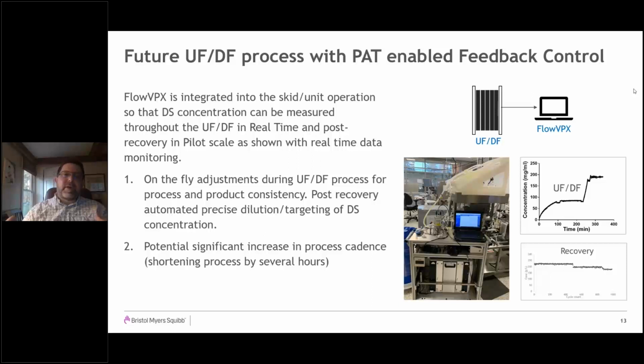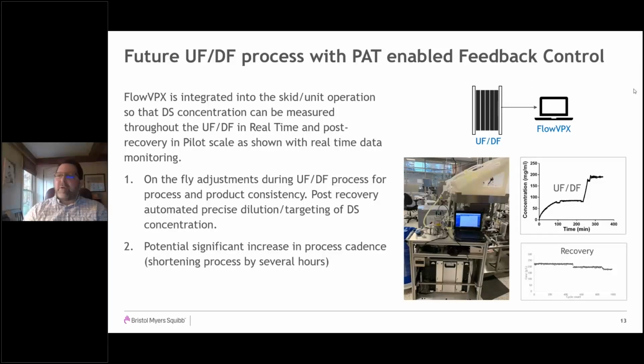Typically, the best way to do it now would be inline. Of course, unfortunately, in clinical manufacturing, they have to do it offline. But ideally, you could do this inline. The issue with the recovery operation is that it's disconnected from the UFDF skid, because it's a separate sterile operation in and of itself, and it's the pre-formulation.